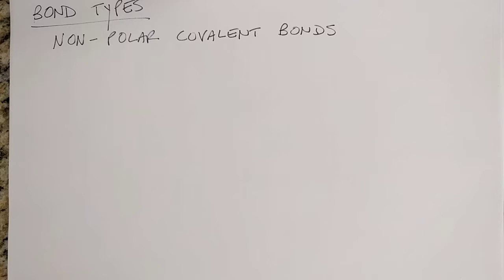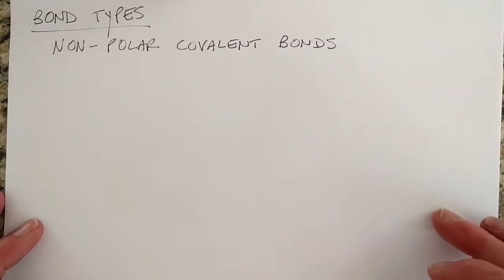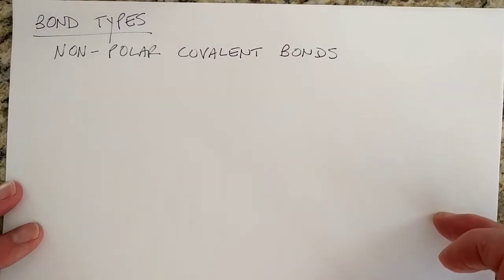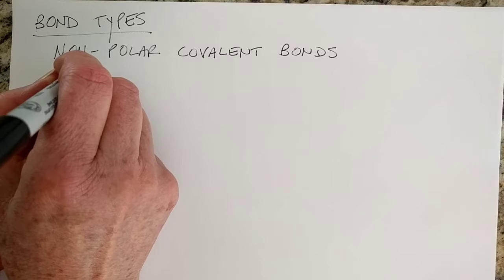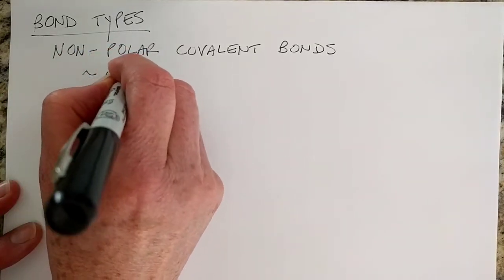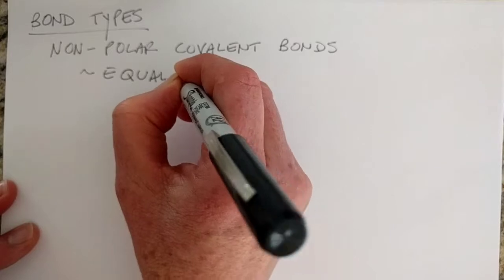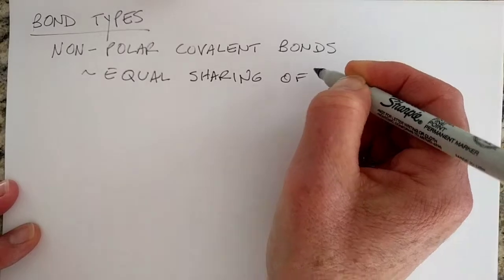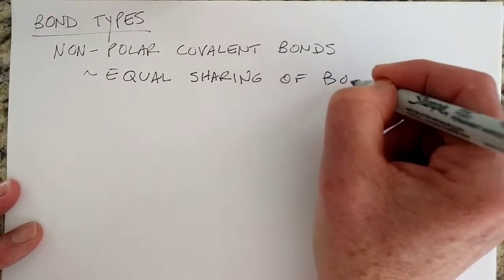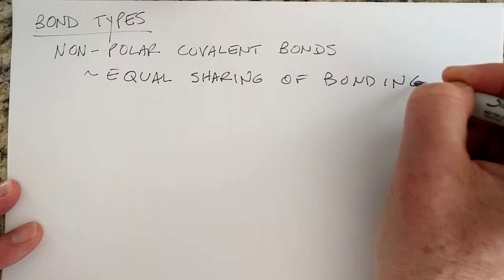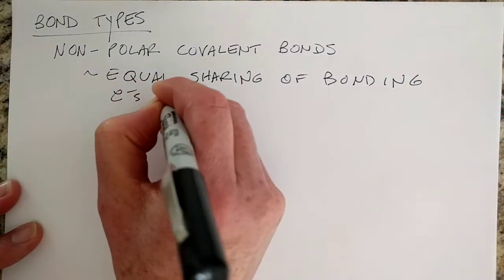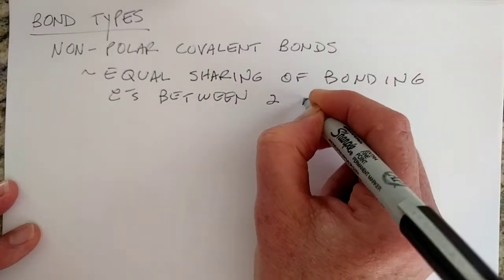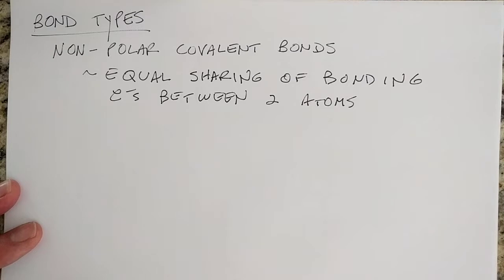So we're going to start with our non-polar covalent bonds. In these bonds, we have an equal or an approximately equal sharing of bonding electrons between two atoms.